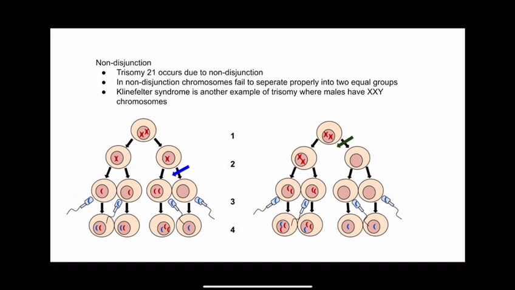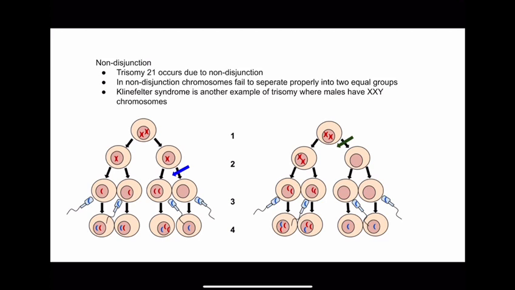So, on the topic of non-disjunction events, trisomy 21 occurs due to a problem called non-disjunction during cell division. Normally, during cell division, chromosomes are separated into 2 equal groups and are distributed into new cells, and this is in meiosis. In a non-disjunction event, the chromosomes fail to separate properly, resulting in one cell having an extra chromosome and the other cell having one fewer chromosome.